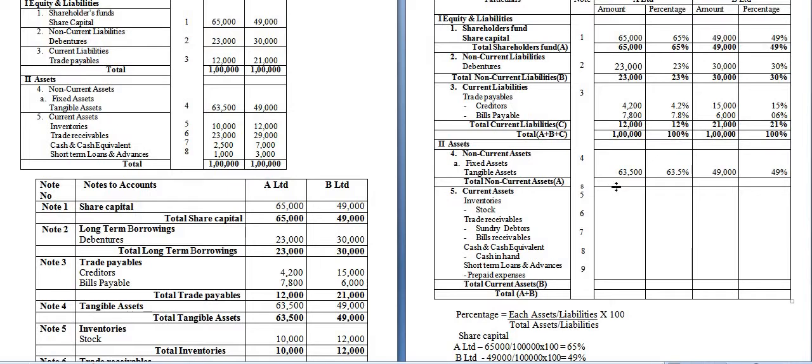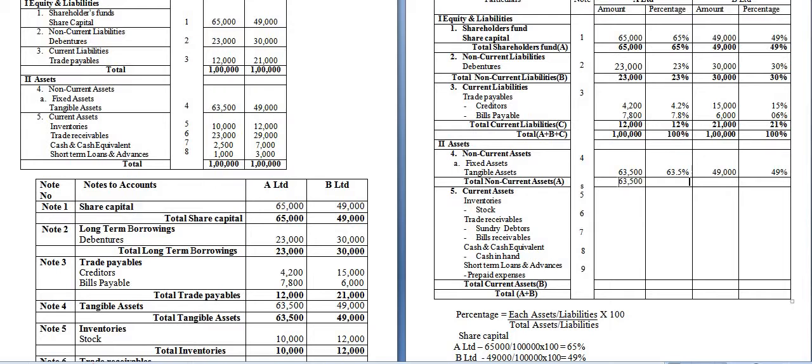Okay, in non-current assets we have only one item, that is fixed assets. So whatever fixed asset total will be there, the same total we can take as total non-current assets. So write here the heading total non-current assets in bracket A, amount is 63,500.